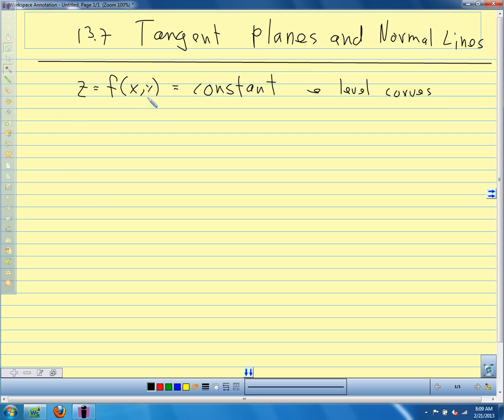Well, just like when we have z equals f of x, y, when we have some function of x, y, and z equals a constant, this gives us a level surface.